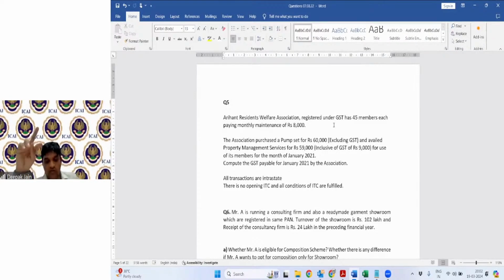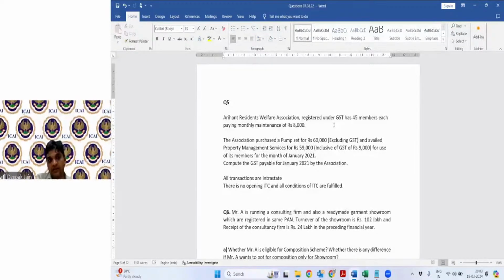So this question is crystal clear because you have input with GST and excluding GST, both for use of its members for the month of January 2021. Compute the GST payable for January 2021 by the association. All transactions are interstate. There is no opening ITC and all conditions of ITC are fulfilled.